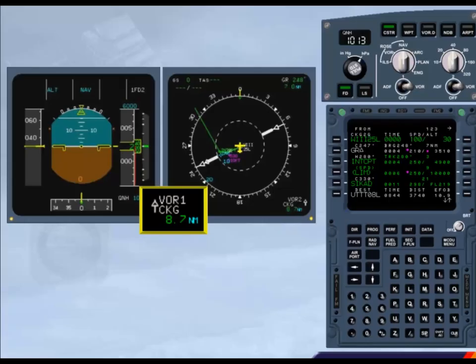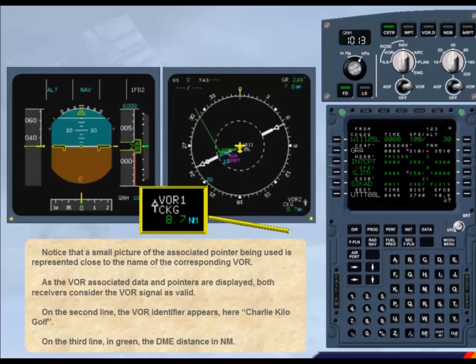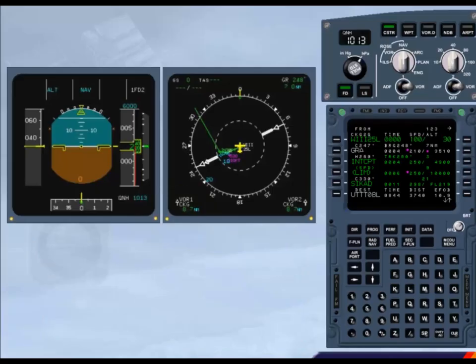On the second line, the VOR identifier appears, here Charlie Kilo Golf. On the third line, in green, the DME distance in nautical miles. To see the nav aids automatically tuned by the FMGEC, we have to call the radio navigation page.